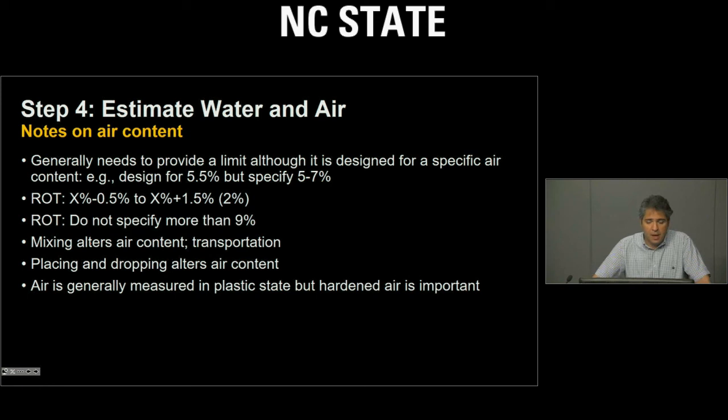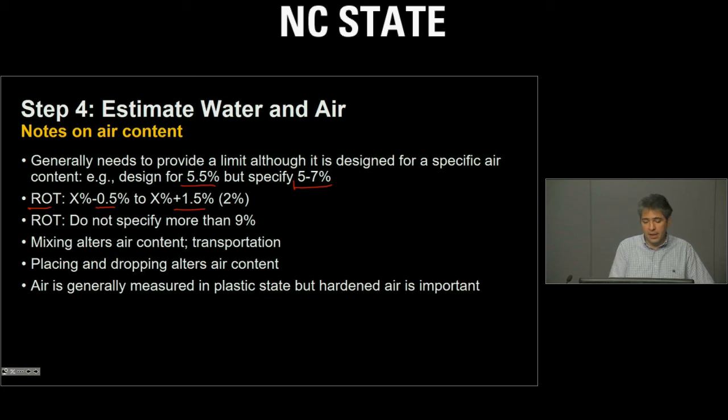For example, if the design says we would require 5.5% air, it would be a good practice to specify a range of 5 to 7%. You don't want to specify too low. The rule of thumb, ROT, over here is minus 0.5% plus 1.5%, which is a good range. That will provide an overall 2% variation.